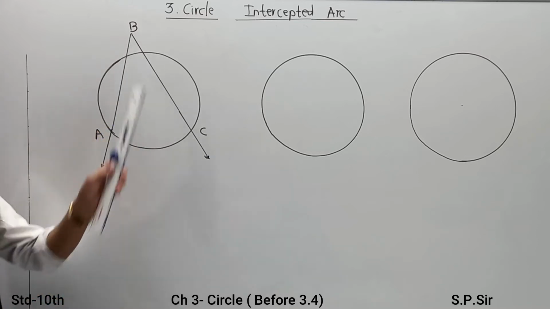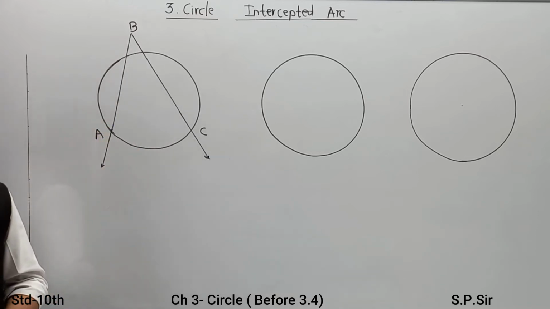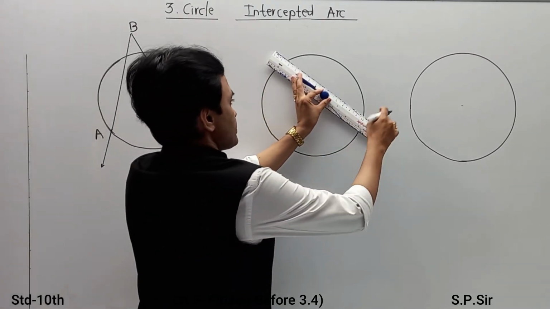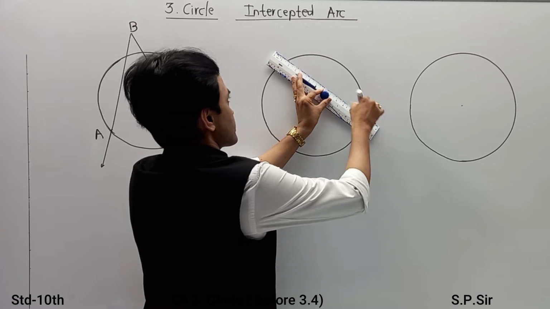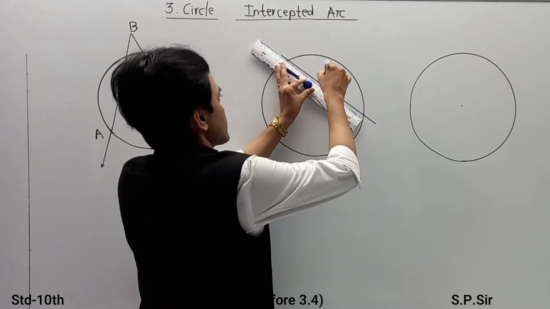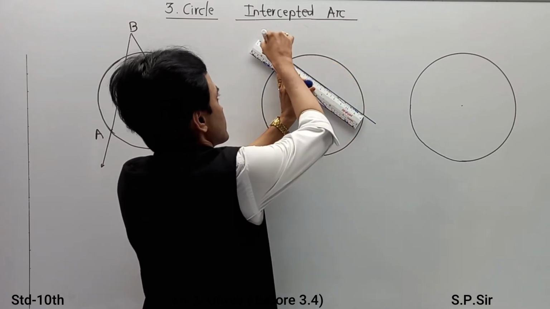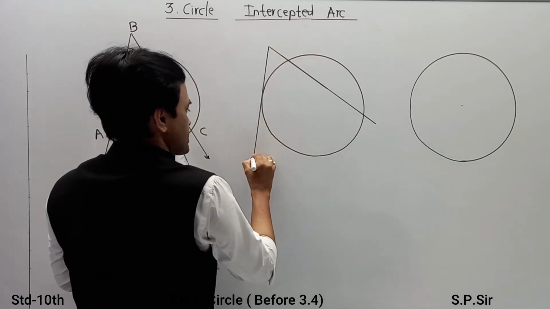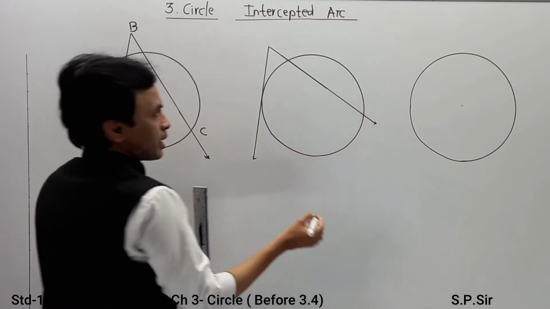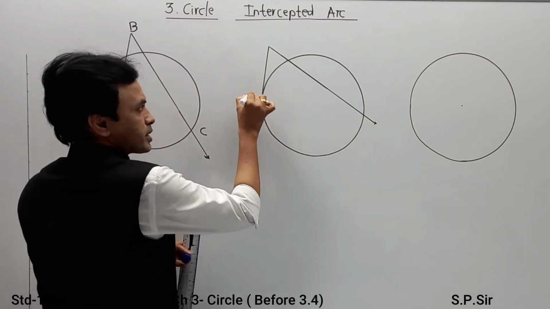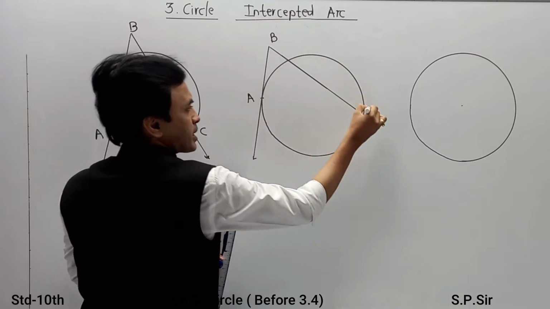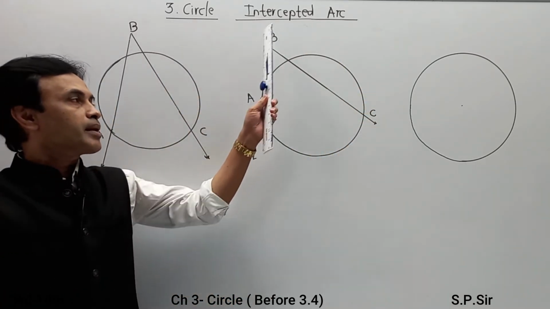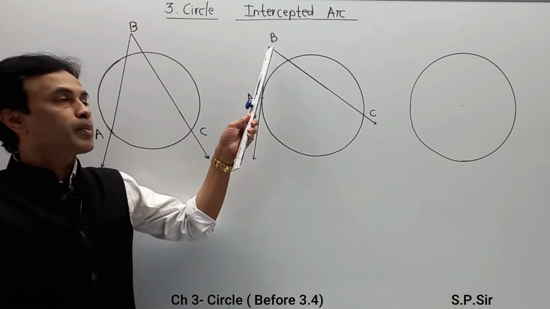Now after this we have to understand another part. Let us say I have drawn one diagram, and the diagram is like this. Again this point of contact I am going to call A, B and C. Remember carefully, again this angle ABC is formed outside the circle.